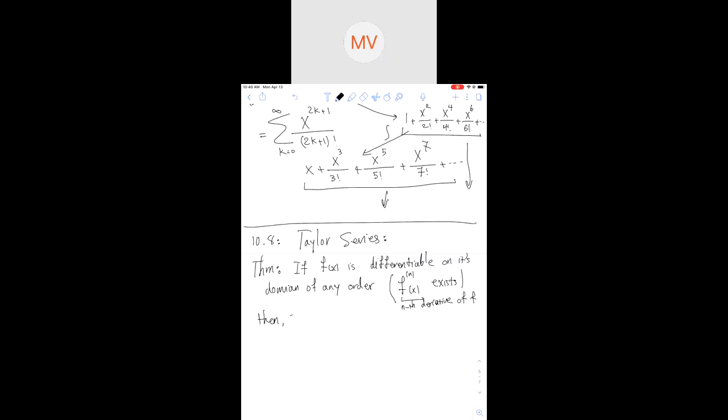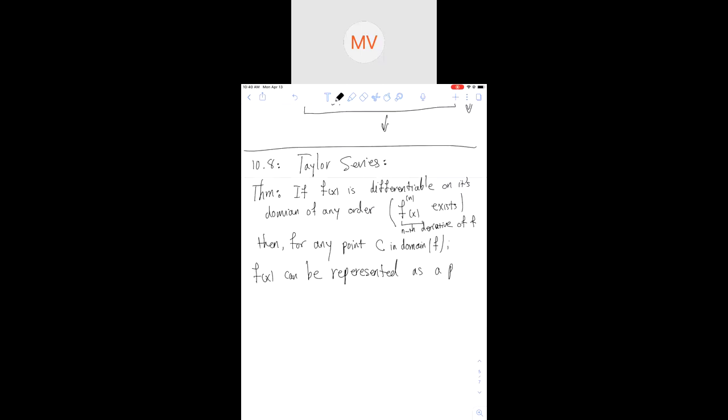Then for any point c in the domain of f, f of x can be represented as a power series in this form: f of x can be represented as sigma a sub n times (x minus c) to the n, starting from 0 to infinity.